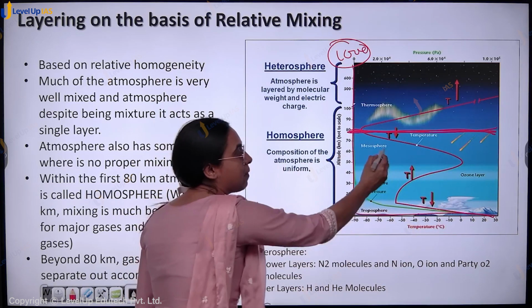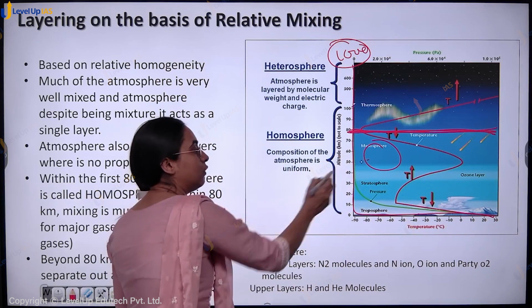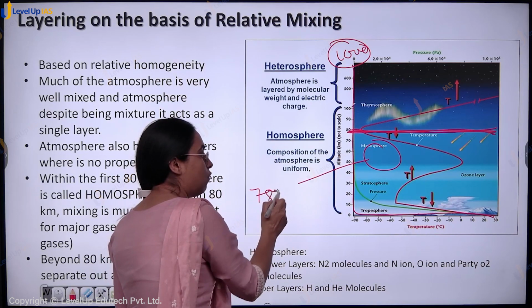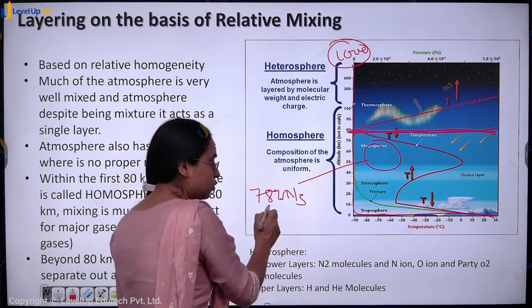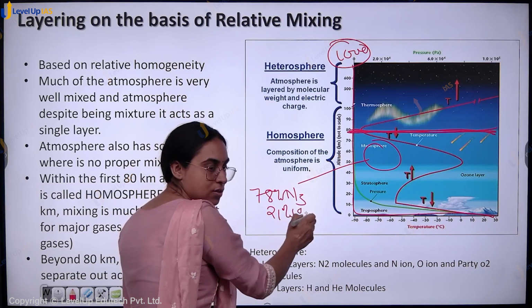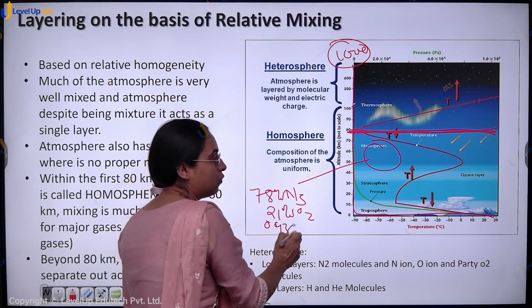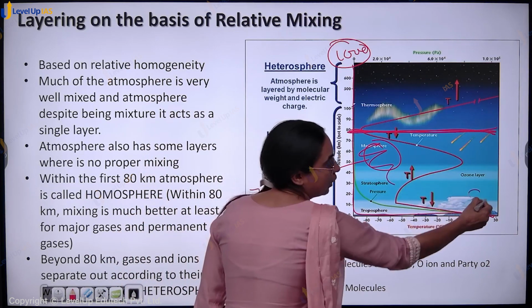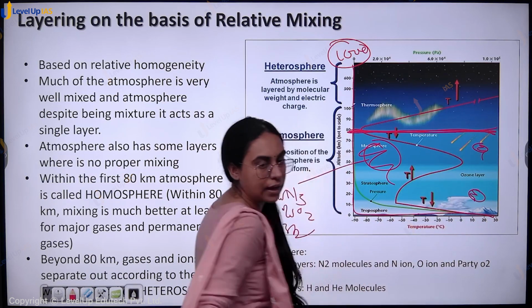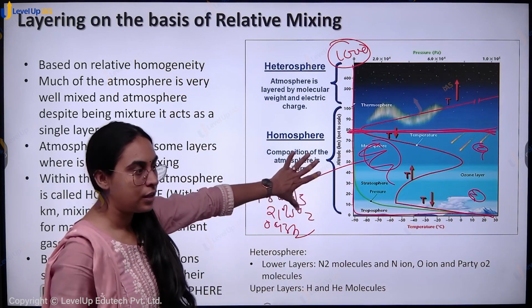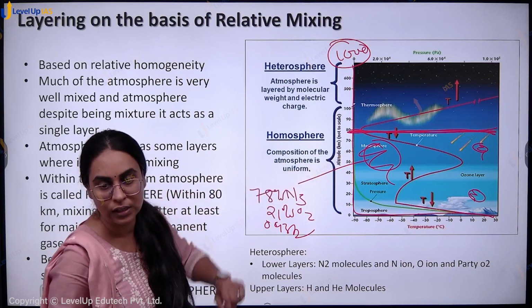If you take any packet from within 80 kilometers, you will find 78% nitrogen, 21% oxygen, 0.93% argon. Anywhere you take it, you will have nearly the same composition of gases.